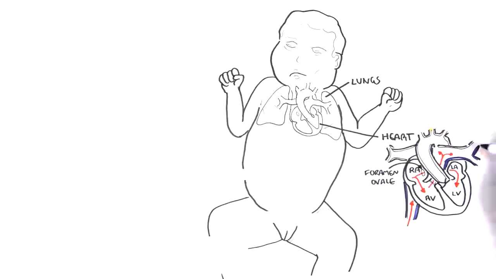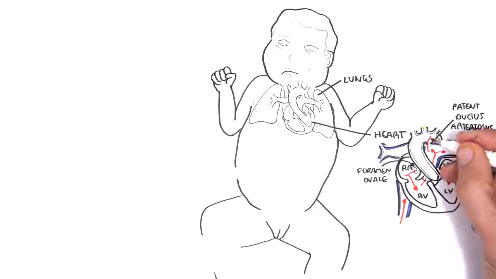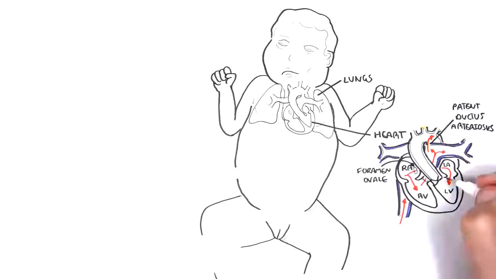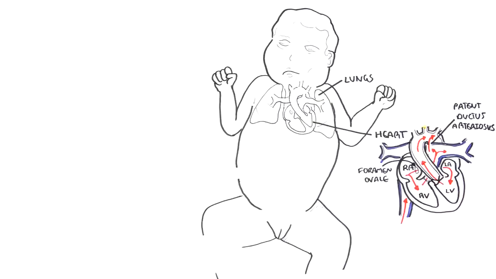Aside from the anatomical hole, the patent foramen ovale, there is another important connection, or sort of hole, called the patent ductus arteriosus. The patent ductus arteriosus is the connection between the pulmonary artery and the aorta. And so in the fetal circulation, blood traveling through the pulmonary artery can bypass the lungs and go straight to the aorta and be then transported to the rest of the fetal tissue.